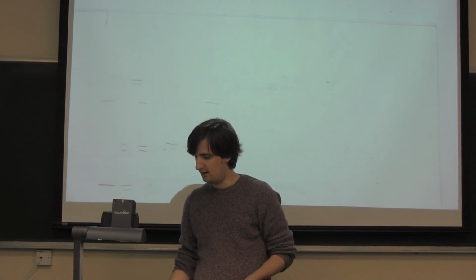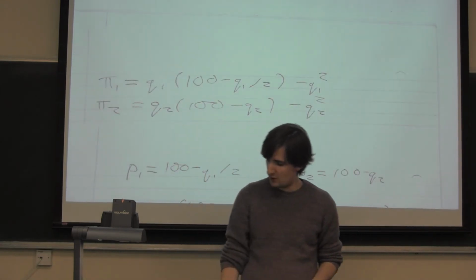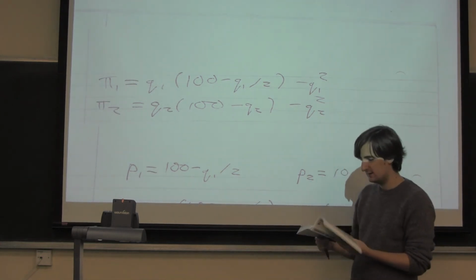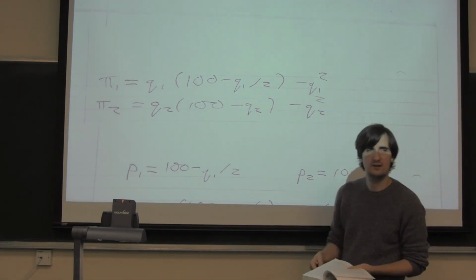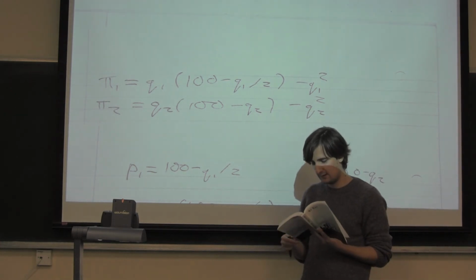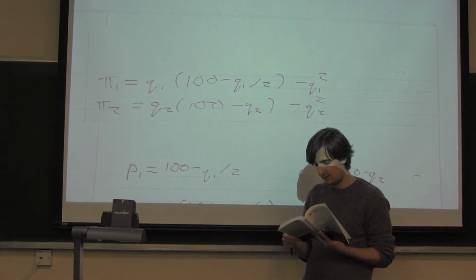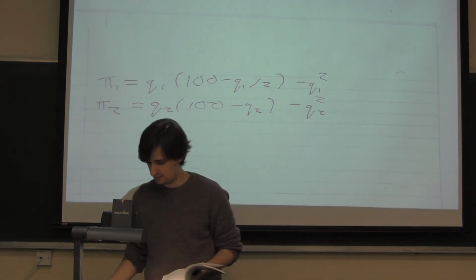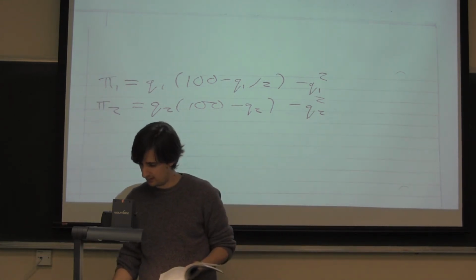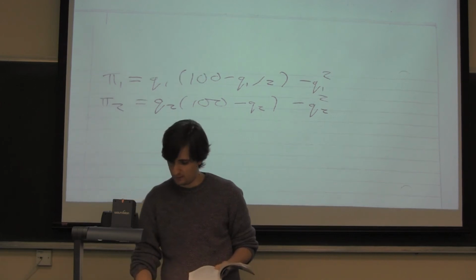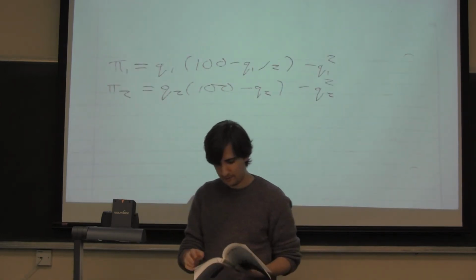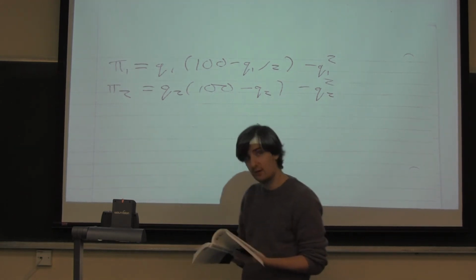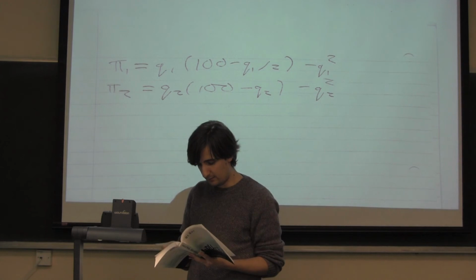So total costs have gone down by 2 times Q1 Q2, so total profit has also increased. So that's the intuition. We won't go through the algebra.